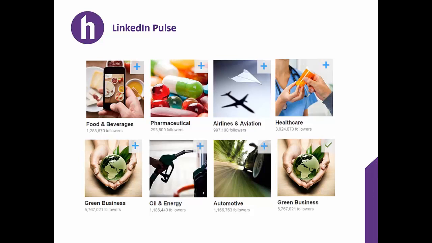So what you need to do is be writing the kind of articles that are specifically targeted to, let's say, the pharmaceutical industry. That way, if the editor of the Pulse chooses to feature your article, this is how you are going to reach the tens or hundreds of thousands of people who are interested in that particular sector.